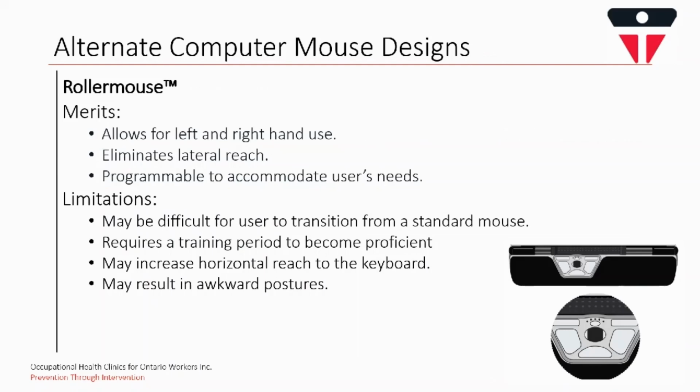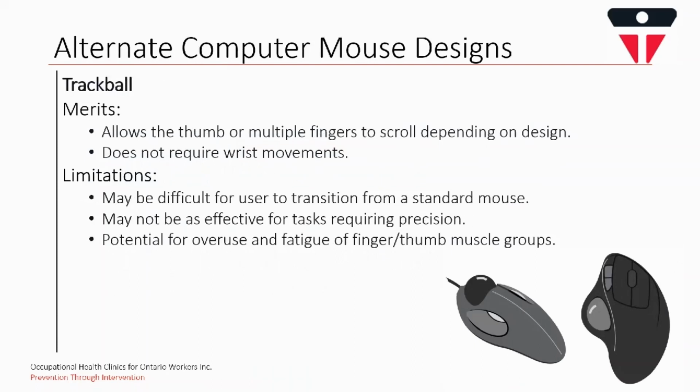It requires a training period to become proficient. It may increase the horizontal reach that a worker has to do in order to reach the keyboard, and may result in awkward postures. A trackball allows for thumb or multiple fingers to scroll depending on design. It does not require wrist movements.